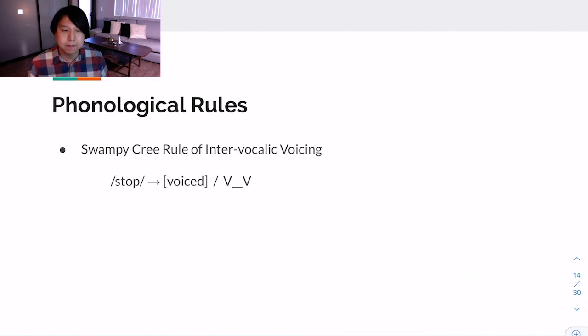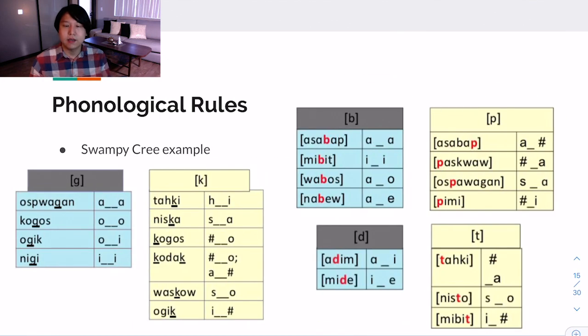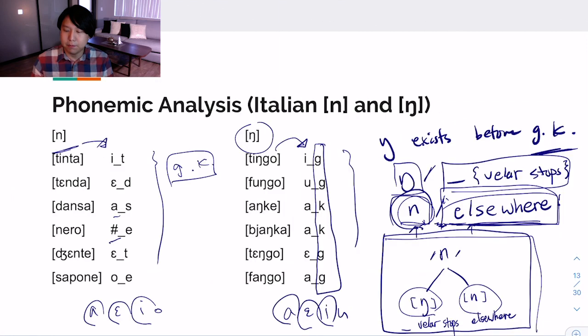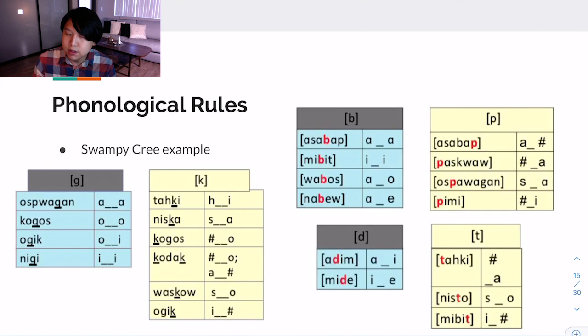Okay, and if you find certain allophones with their corresponding environments, you can set up a phonological rule.